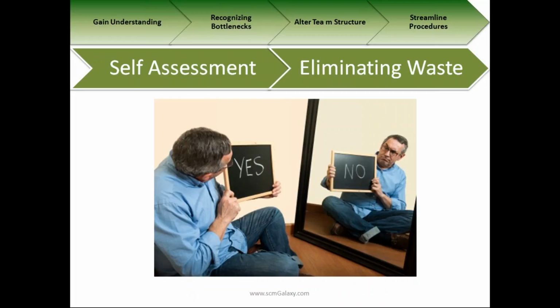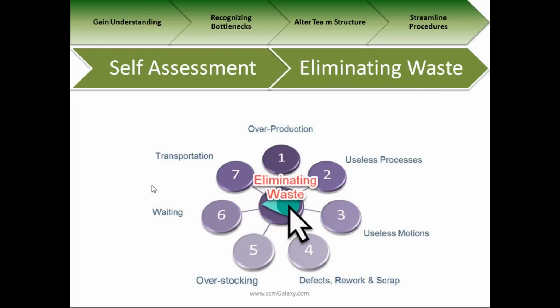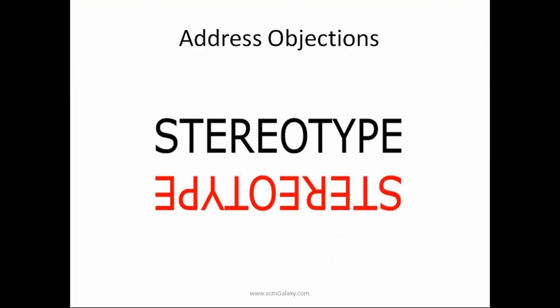There should be a proper, realistic self-assessment, and then we should try to eliminate all the wastage we have discussed so far: transportation, overproduction, waiting, overstock, defect, rework, scrap, useless motions, and useless processes. These are the wastage we are inheriting from the old model.